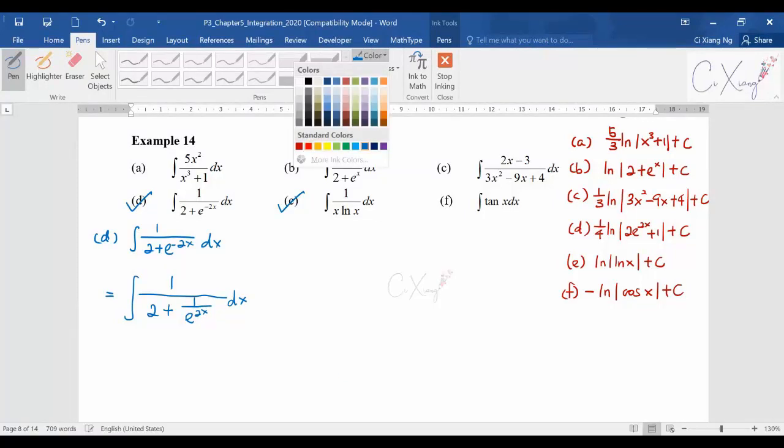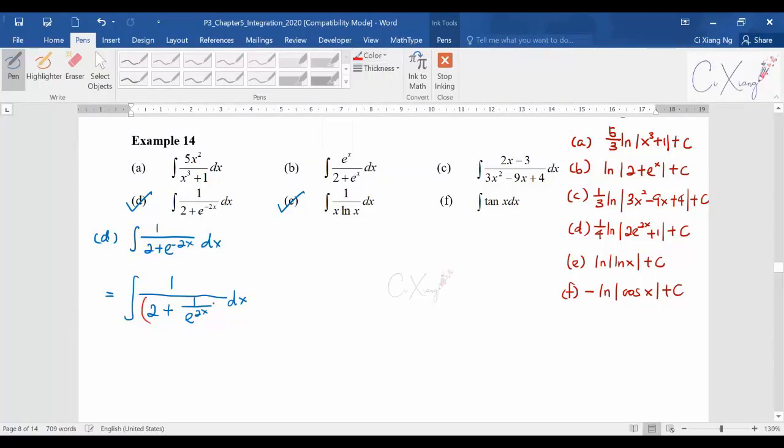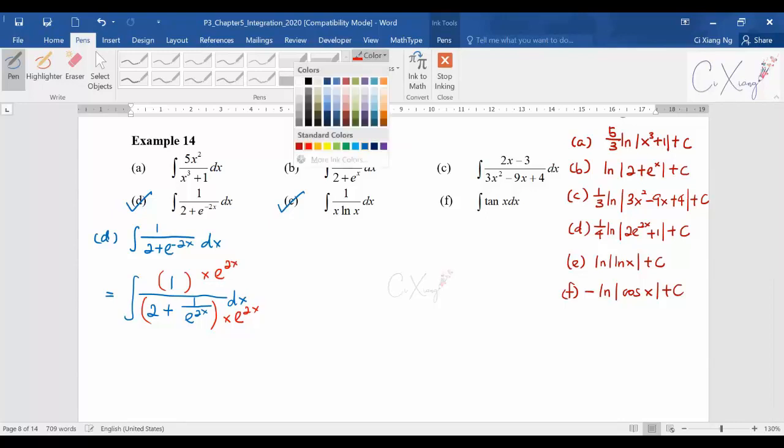The 1 over e 2x is something that is very troublesome, so I multiply it with e 2x to make the fraction disappear. If you multiply something at the denominator, on top you also need to multiply the same thing so that the whole expression is still balanced.